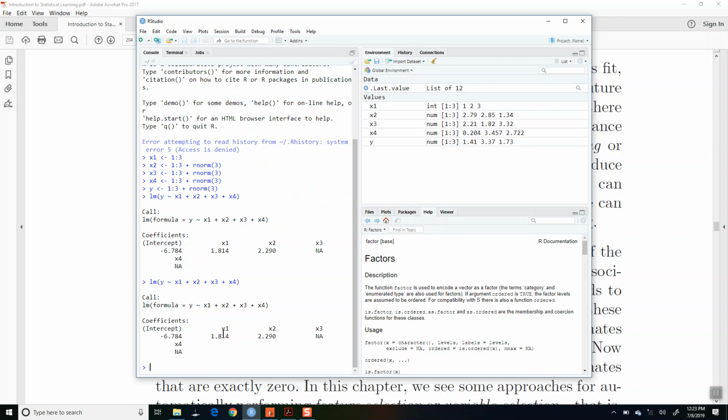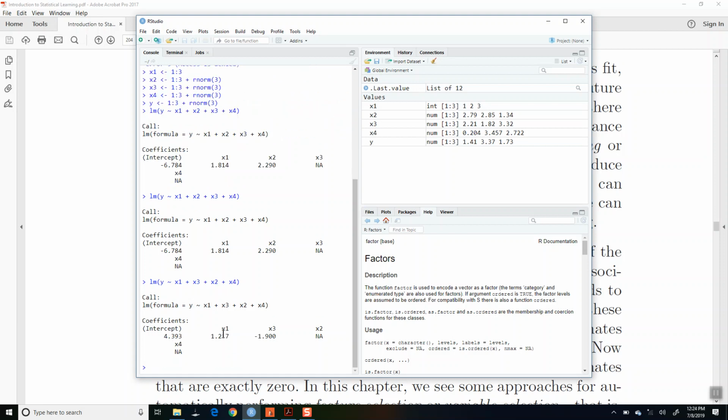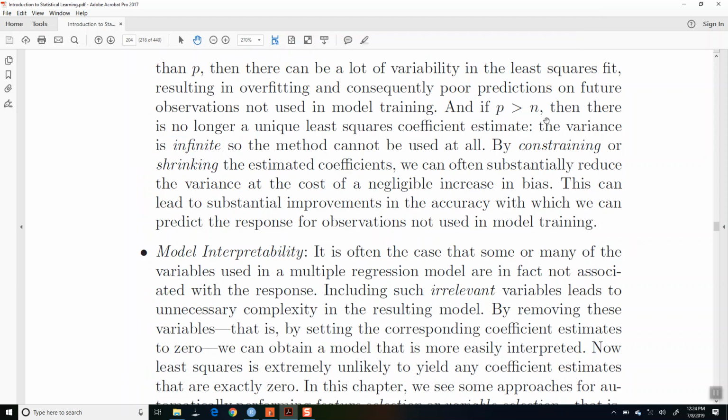Somebody else who put the variables in a different order, like x3 and x2, would get something different. So it depends on the order in which you put the variables, which shouldn't matter. Anyway, you basically can't do this. If you've got more predictors than observations, then it fails.